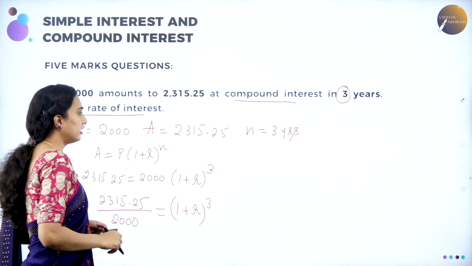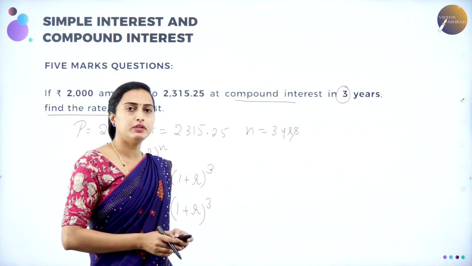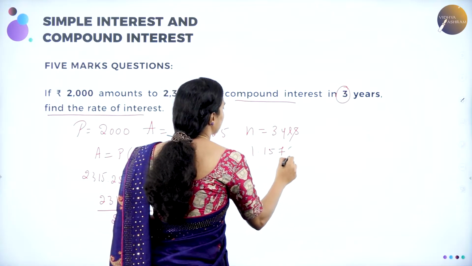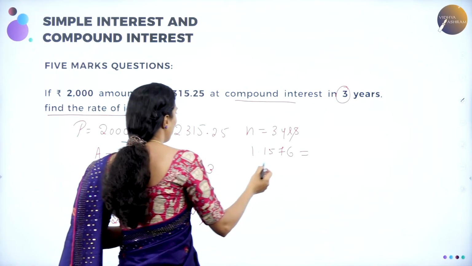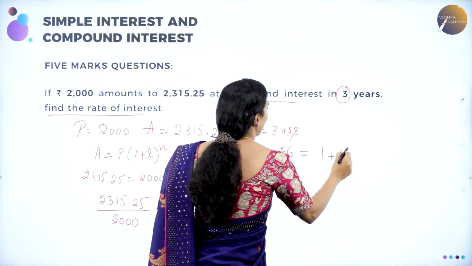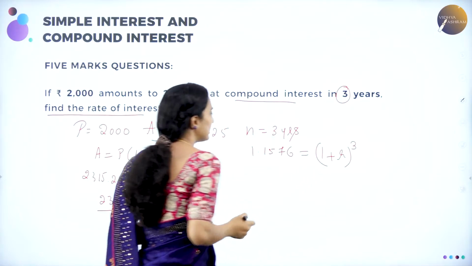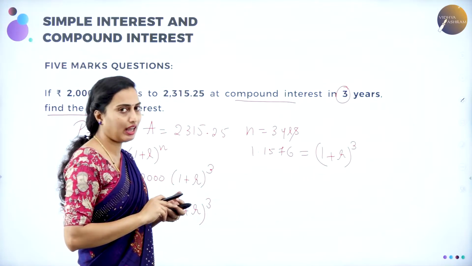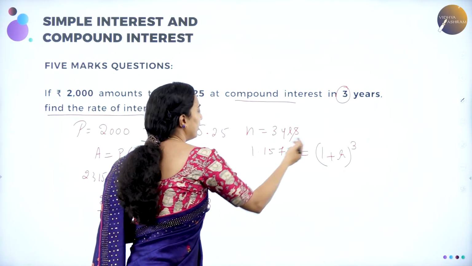is equal to 1 plus r whole to the power of 3. Now let me divide this. You are going to get the answer 1.1576, which will be equal to 1 plus r whole to the power of 3. As I said, you can take log on both the sides or you can solve it in a calculator by taking power 3 to this side.